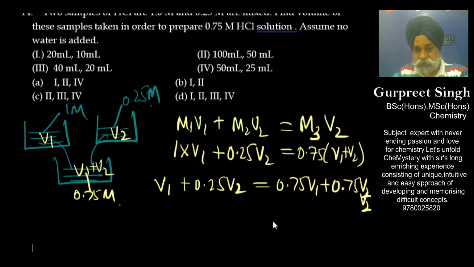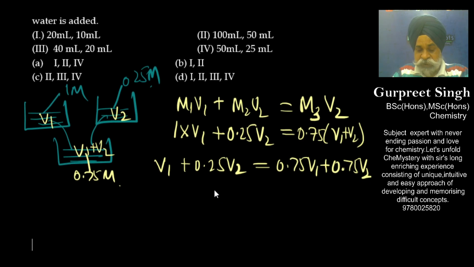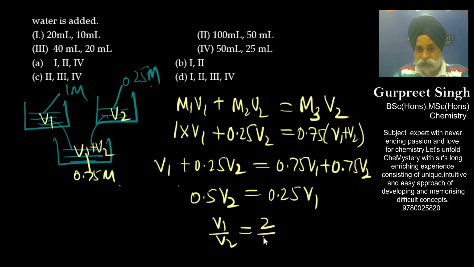So if I do the relationship here, V1 would come out equal to 0.5 V2 and this would become 0.25 V1. So V1 upon V2 is 2 is to 1. 2 is to 1, yes.